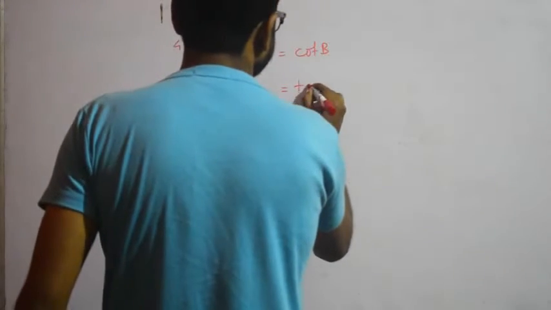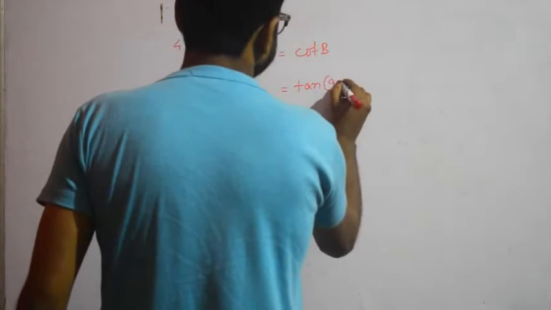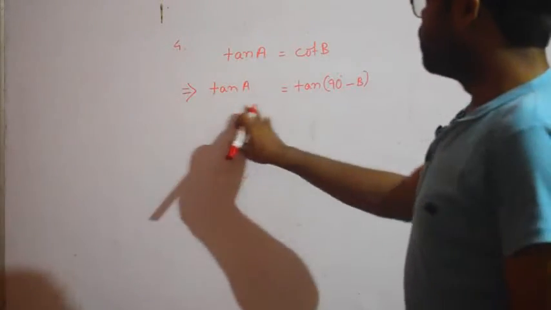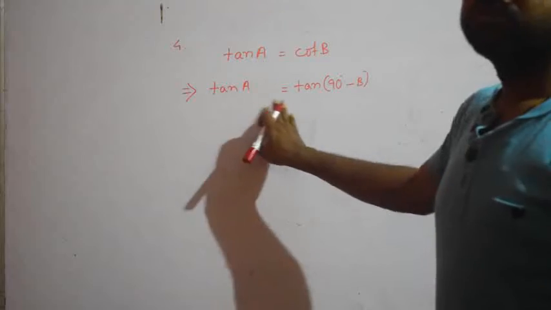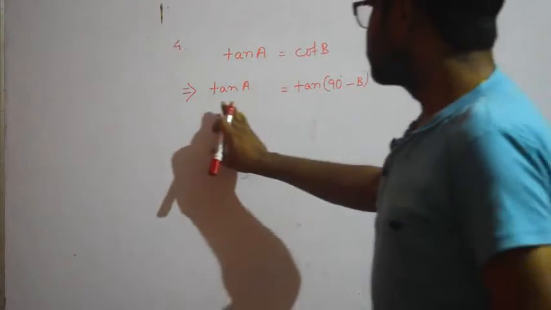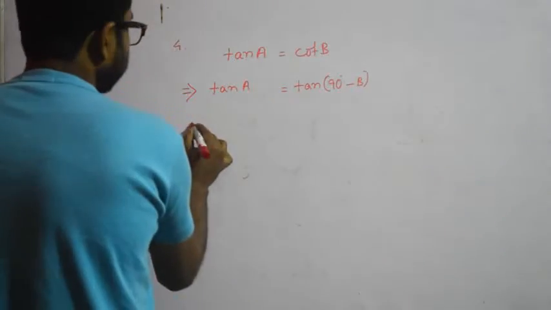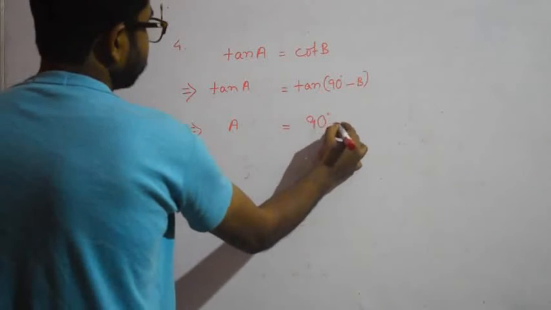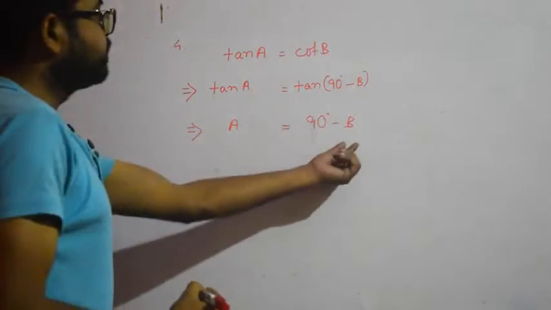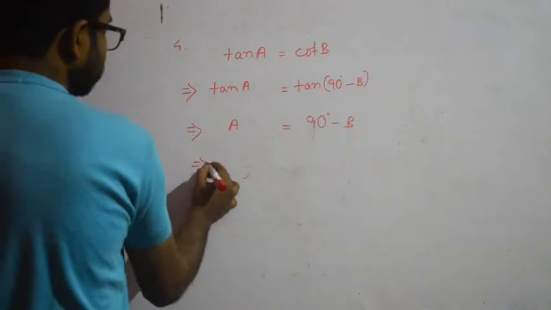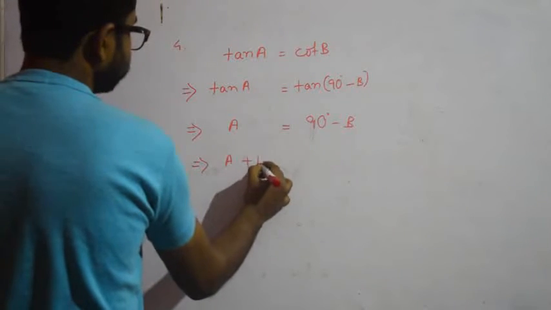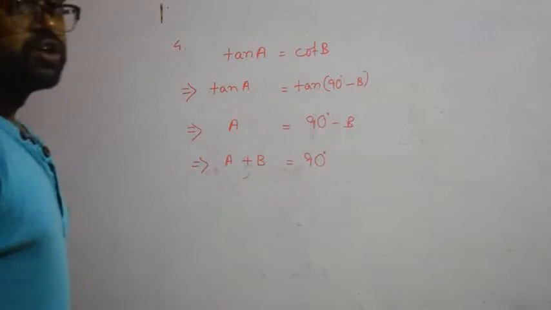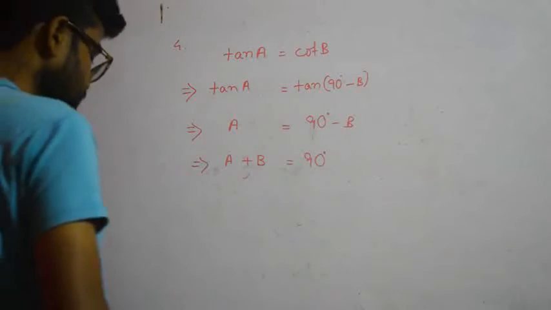So here you can write tan of 90 minus B. Now you have tan on both sides, so you can cancel out tan, and you get A is equal to 90 minus B. Bring B to the left hand side, and you have A plus B is equal to 90 degrees. So, one more easy question.